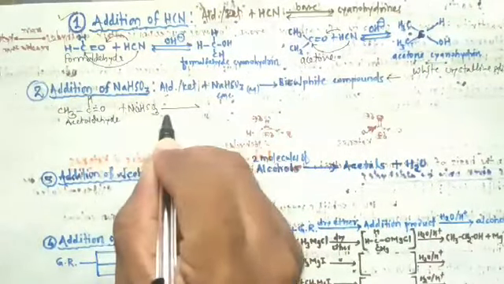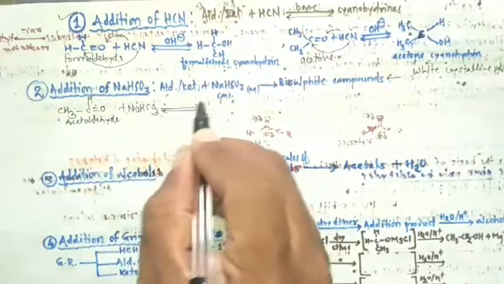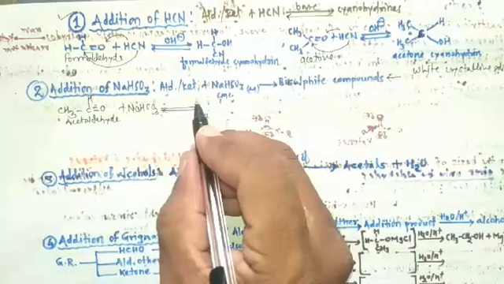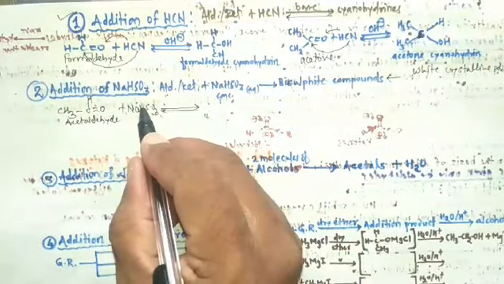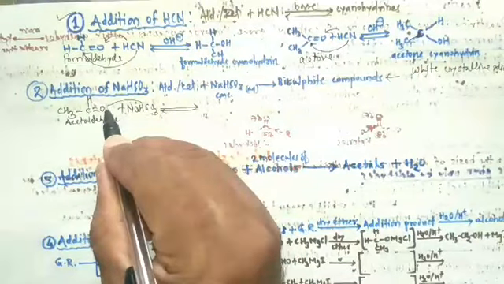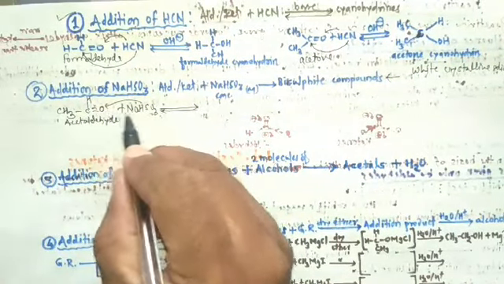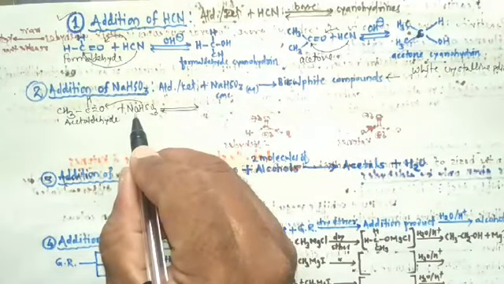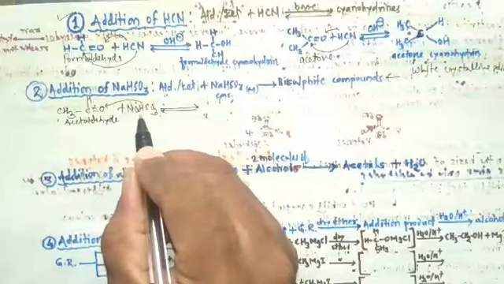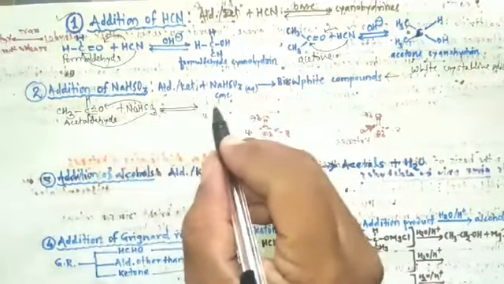Again, this reaction is a reversible reaction. Here the proton is accepted by the negatively charged oxygen, and SO3Na, a negatively charged species, attacks the positively charged carbonyl carbon.